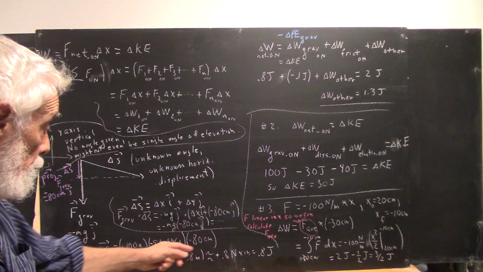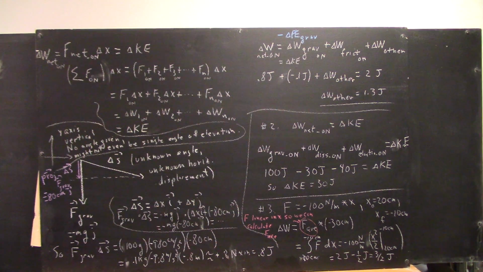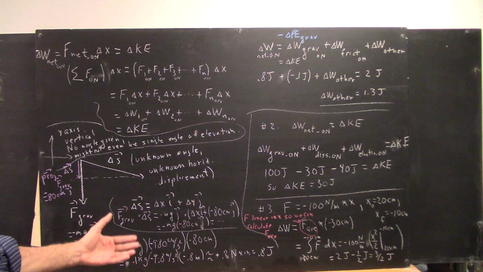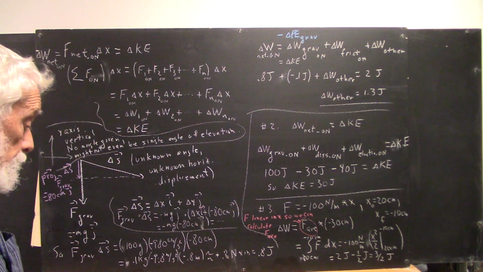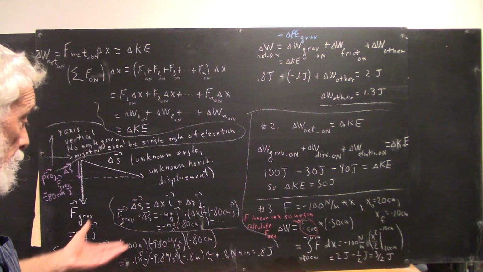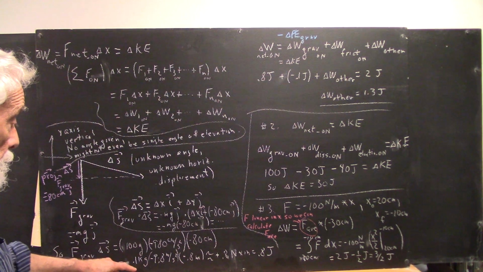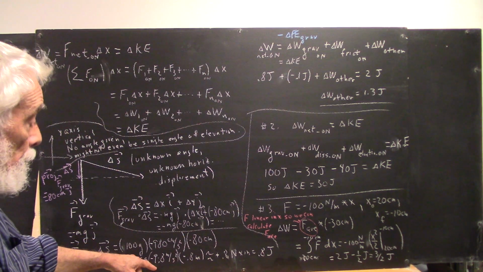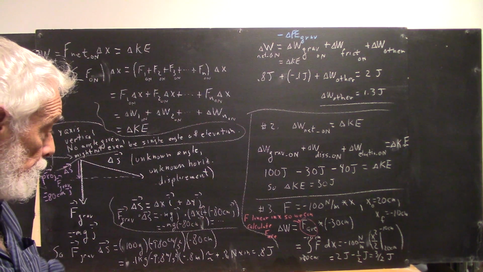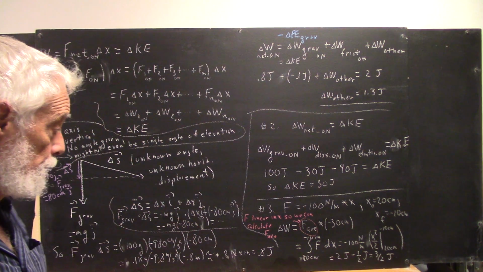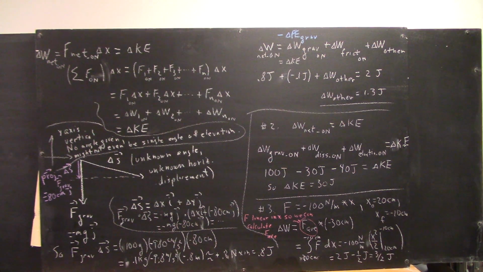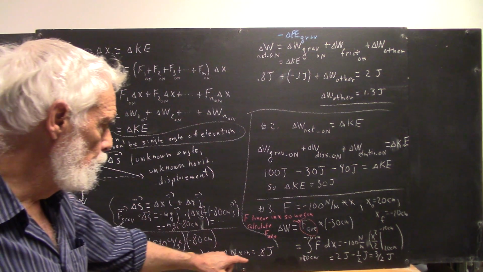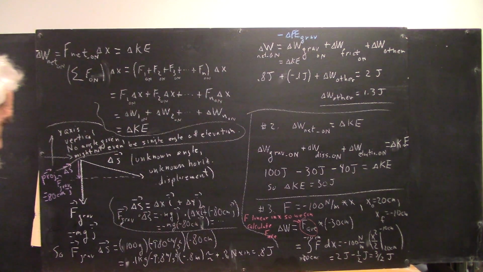This is going to be in the order of 100,000, that's going to be in the order of 8 million. We don't want to think about a number that big. So we go to just SI units. Express 100 grams as 0.1 kilograms, the acceleration of gravity in meters per second squared, and the 80 centimeters is 0.8 meters. And we get a total of 0.8 newton meters or 0.8 joules.